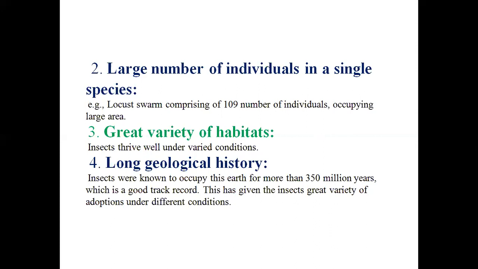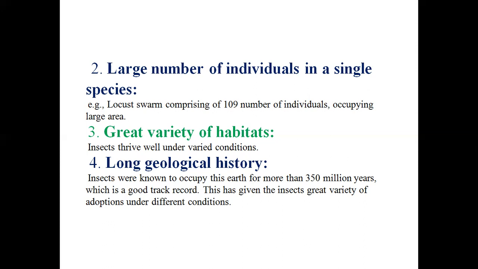The third one is the great variety of habitat. Insects can live and adapt in various climatic conditions, because insects have some important features that let them easily accommodate to various climatic conditions.